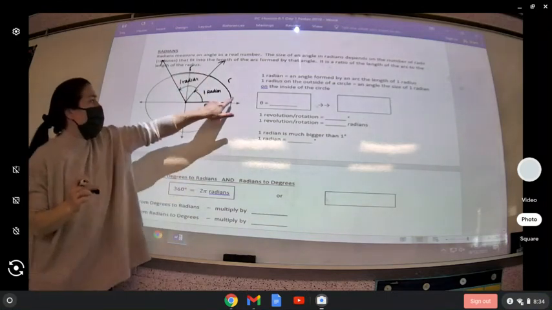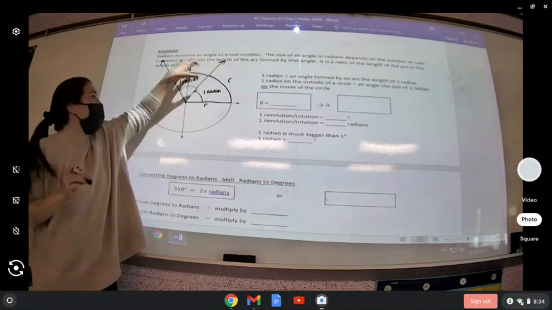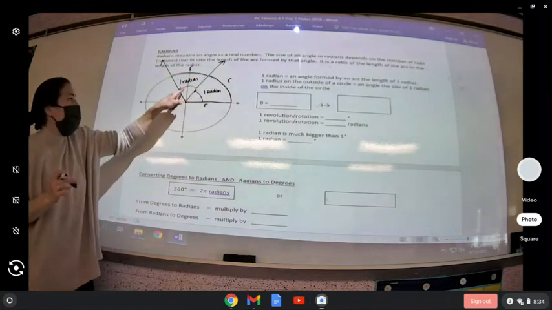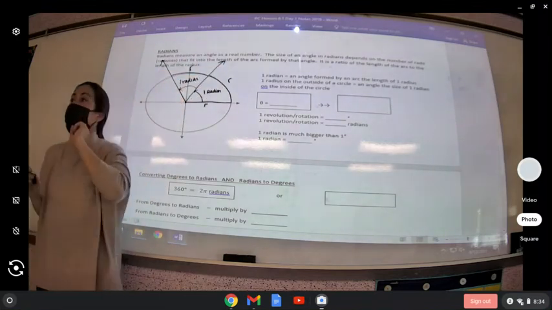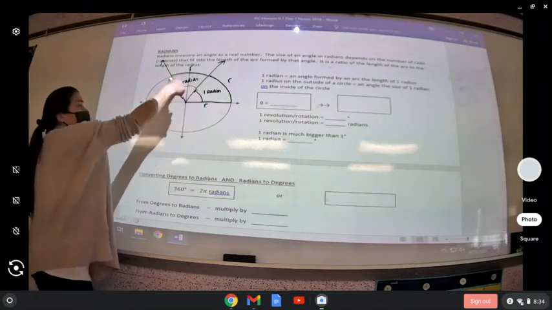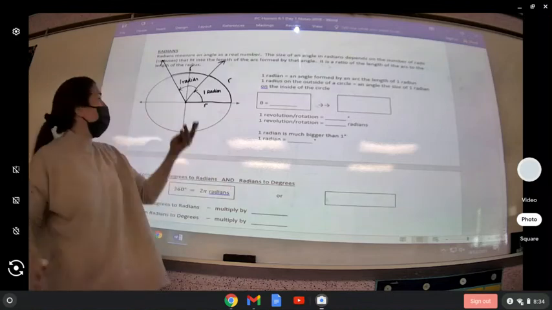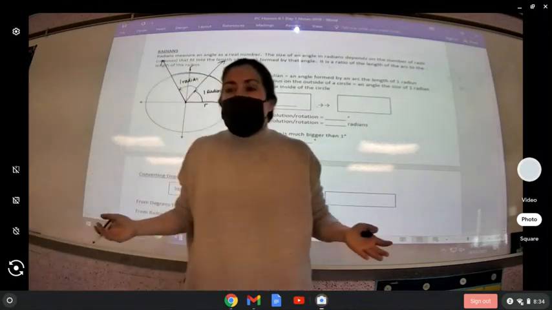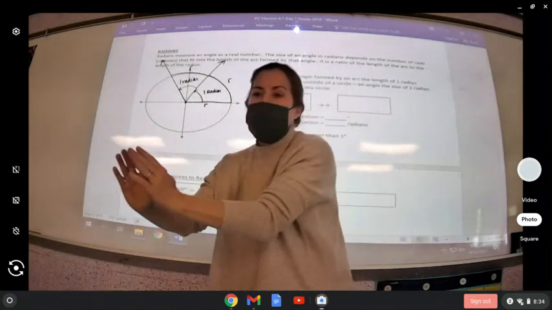So for every radius that fits on the outside of this circle, there is an angle the size of 1 radian. So guys, right now, from here to here, that's 2 radians. It looks like what, I don't know, like 130 degrees, but it's 2 radians.